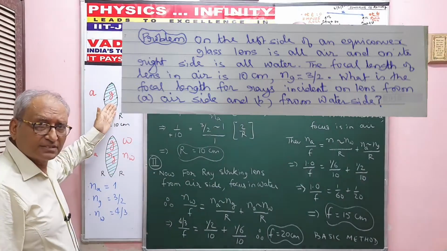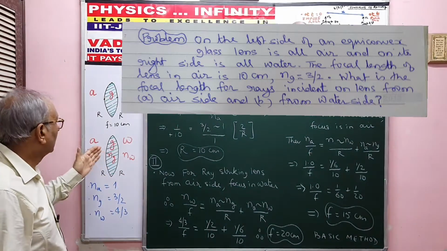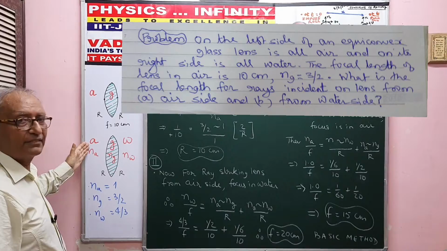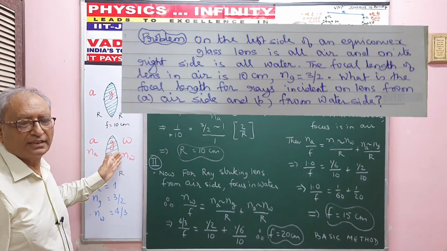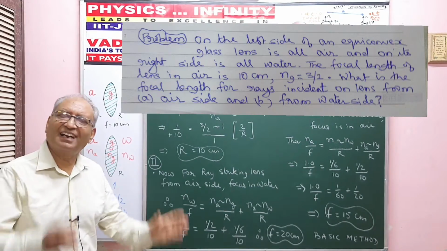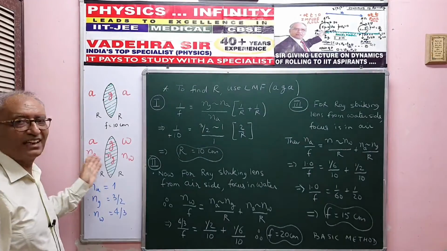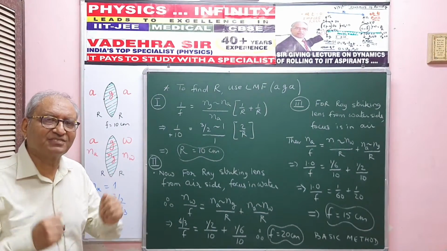Now the same lens in a different scene, in case 2, if we have air on its left side and water on its right side. Of course it's a glass lens, but now the medium on either side is different. Air on the left and water on the right side. What is its focal length now?